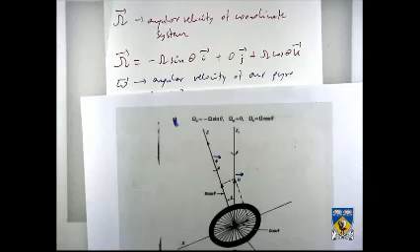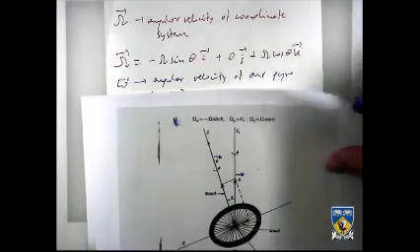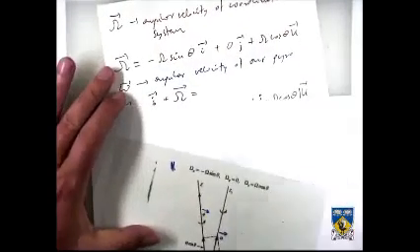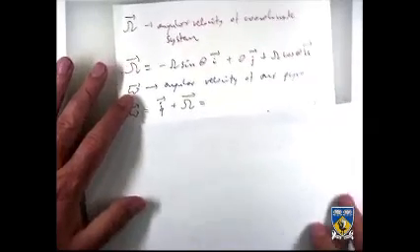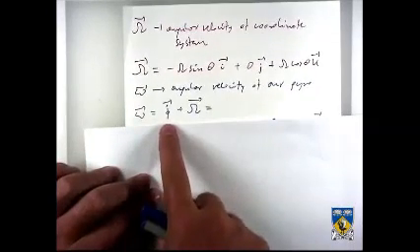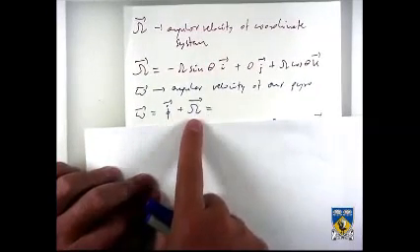Remember that angular velocity is a vector, the same as linear velocity, which means you just add angular velocities as vectors, the same as you add linear velocities. So the angular velocity of our gyro is the angular velocity due to spin plus the angular velocity due to precession.